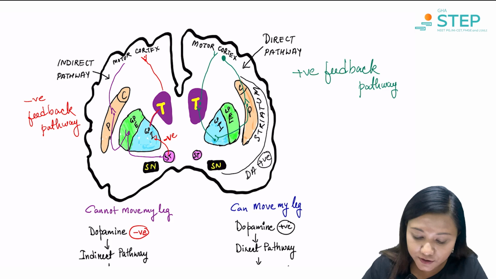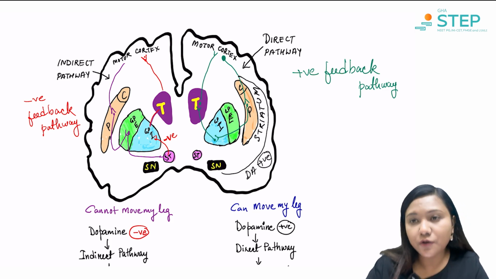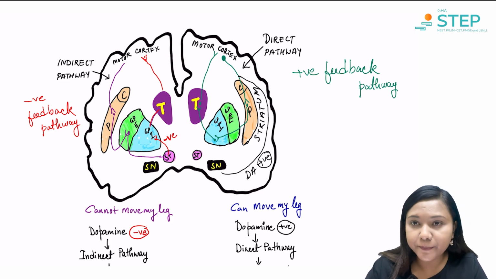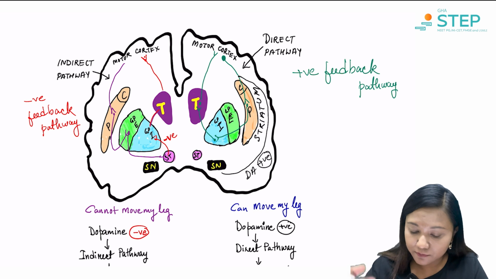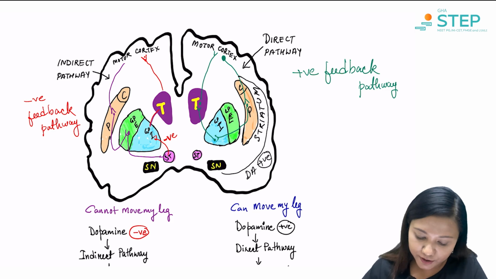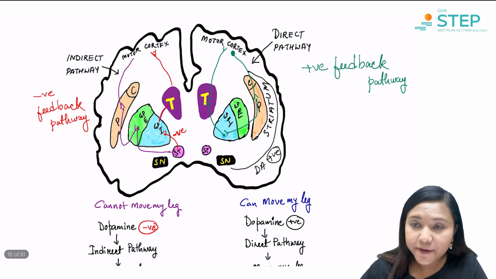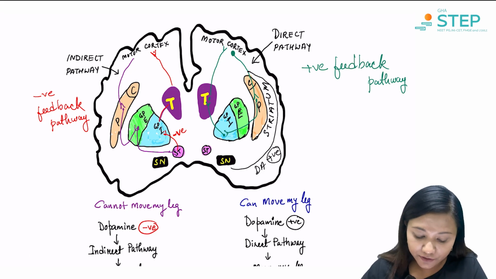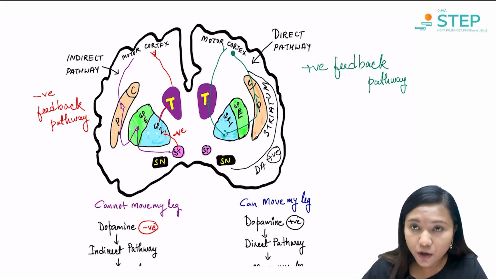And if it is sending positive signal to the direct pathway, then normal movement is occurring, because in the direct pathway it's a positive feedback, so the signal which is sent to the motor cortex is positive, and so normal movement is occurring. But the indirect pathway is already giving negative feedback, so it is saying to stop the movement.